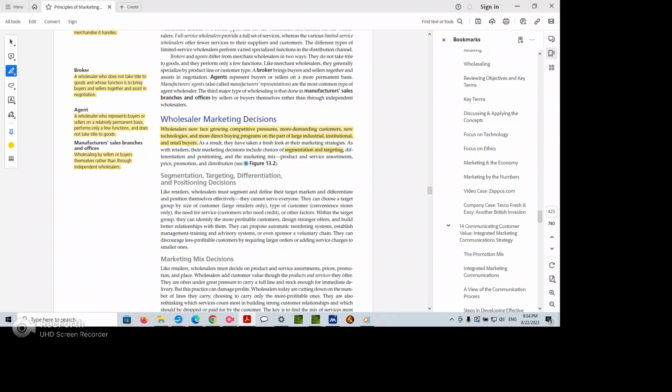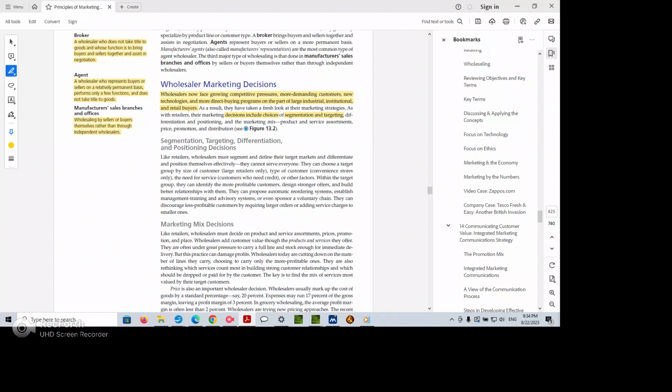What are the choices? Segmentation and targeting. Differentiation and positioning, marketing mix, product and service assortments, price, promotion, and distribution. I'm going to talk about the theory of it first.